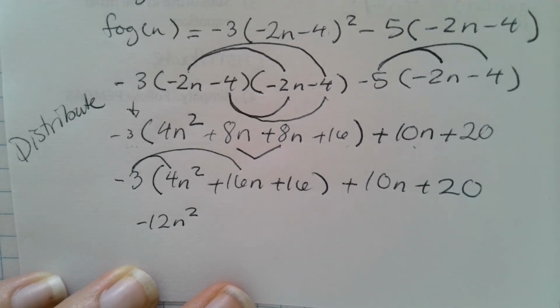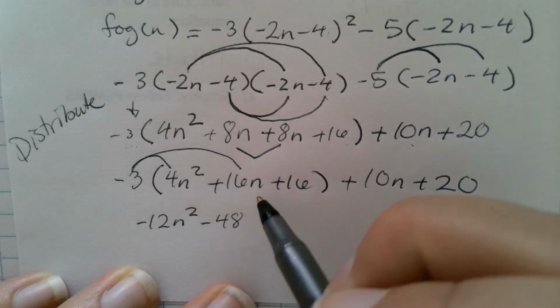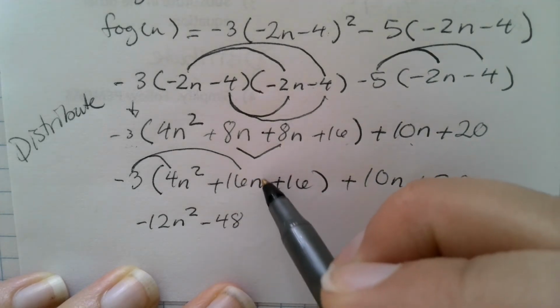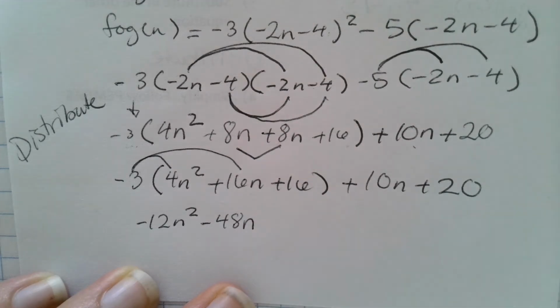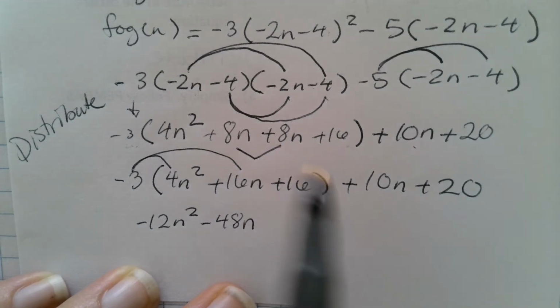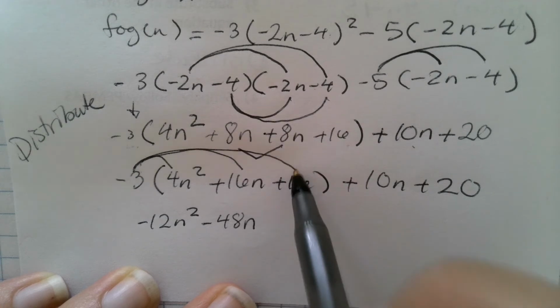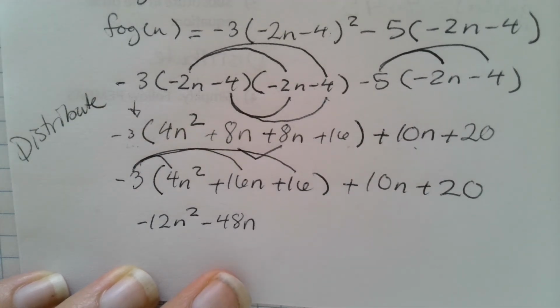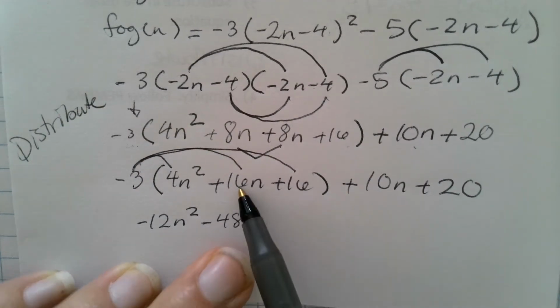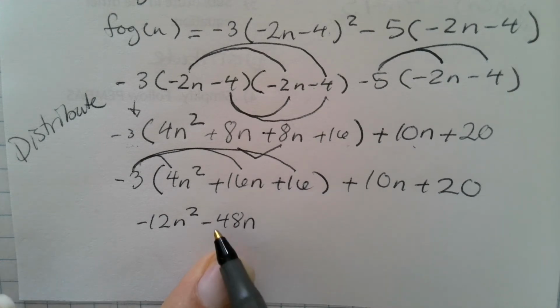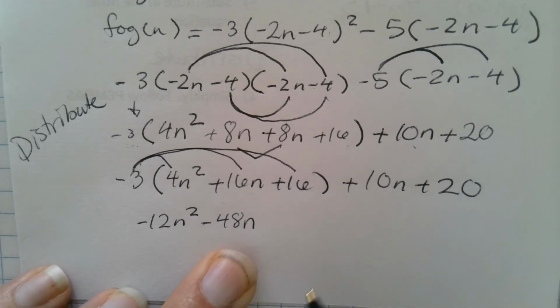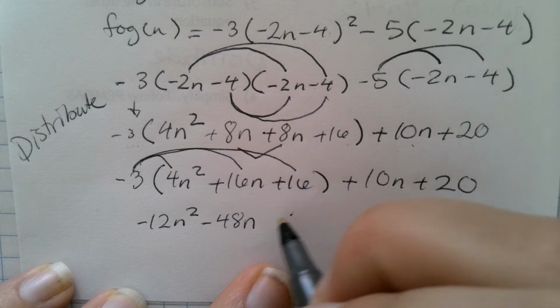Negative 48. Negative 48 what? N. Cool. Maurice, negative 3 times 16. I'll give you a hint. We just did negative 3 times 16n and we got negative 48. Almost. Negative 48.